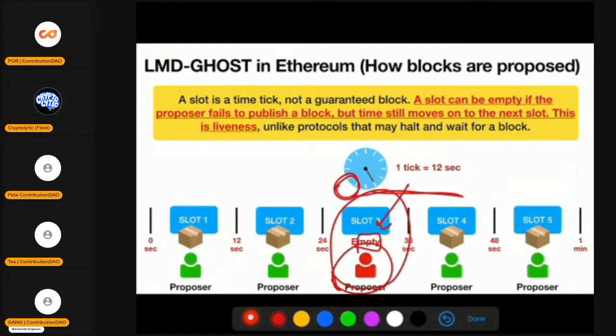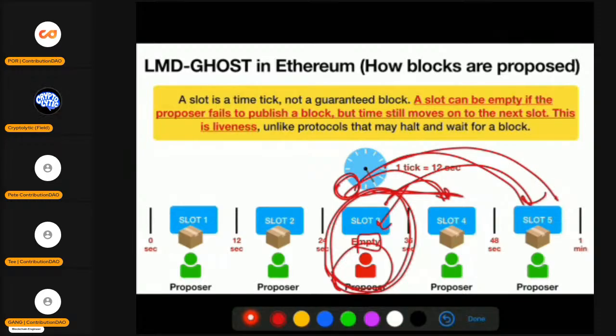When the protocol can finalize the block, at that point it can move to the next slot. But in Ethereum it's different. It doesn't care whether that slot is empty or not. It will keep ticking and produce the next slot and the next slot and so on.